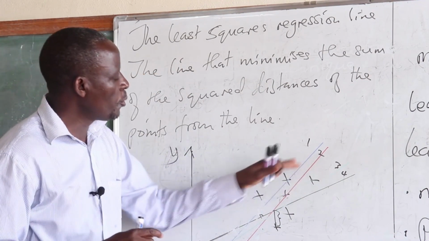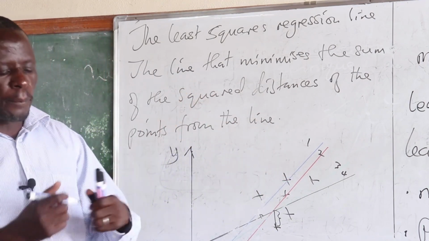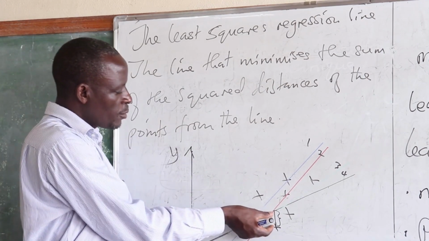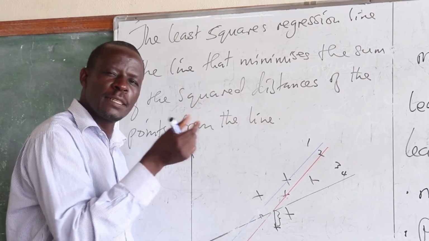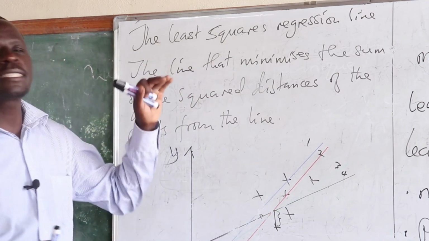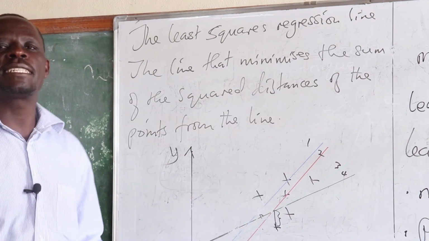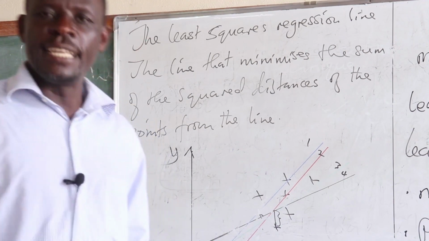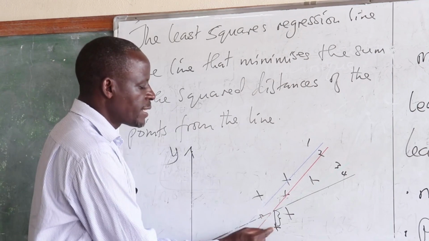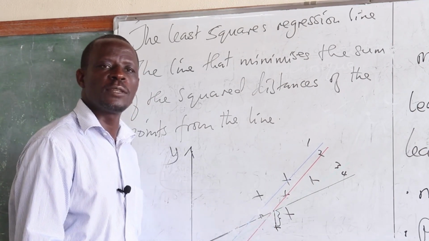So among the 4, which one is the best line? Which one is the line that is going to bring the squares of these distances to a minimum, almost 0? That one is what we are going to call the least squares regression line. If you were collecting data without errors, that is what could have happened, but the error comes in because of some other problems that we meet when we are collecting data.